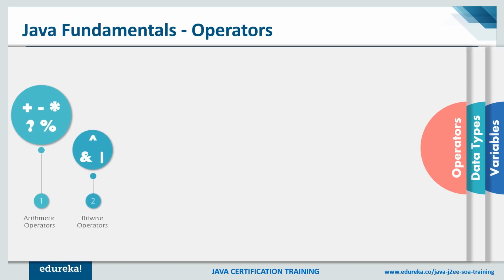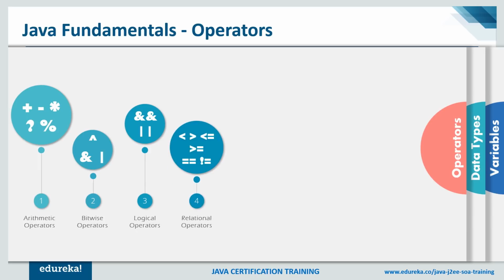Bitwise operators work on the bits. Then we have logical operators, so we are going to compare conditions. For example, number 1 greater than number 2, and that's the logical part, number 1 greater than number 3. We have and, which says that both the conditions should be true. In the same way we have or, which says either one should be true.